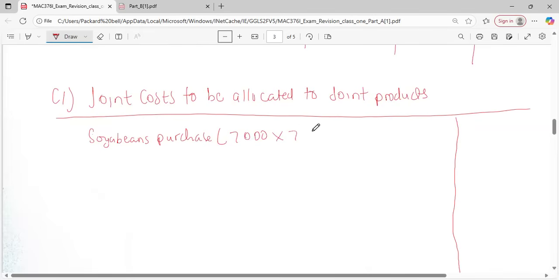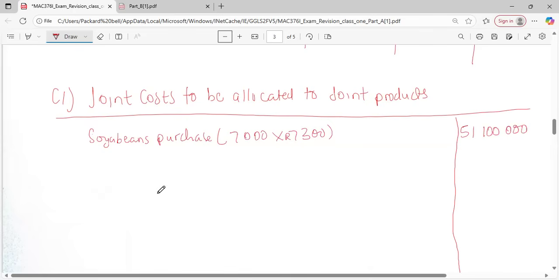How much are we going to have there? 7,000 times 7,300. Is it not 51 million? Oh, 51 million. Yes. 51 million. 51,100,000.